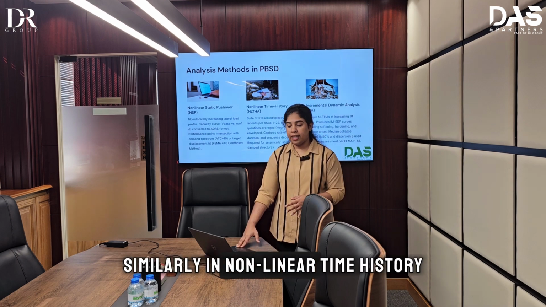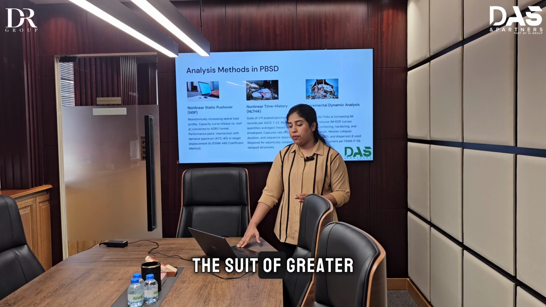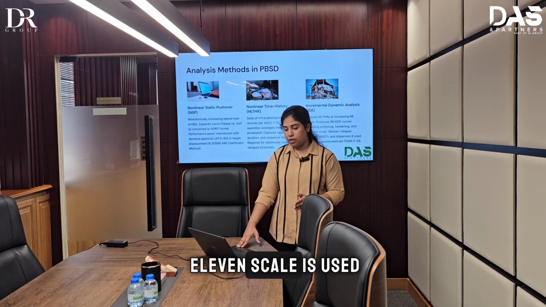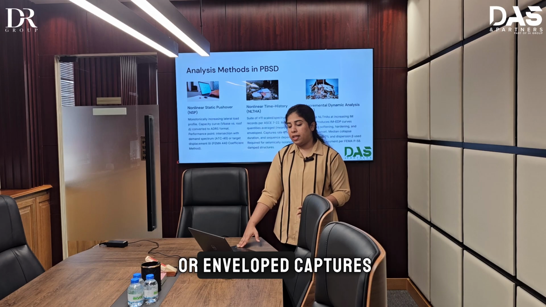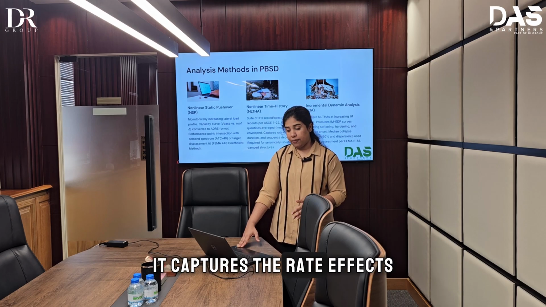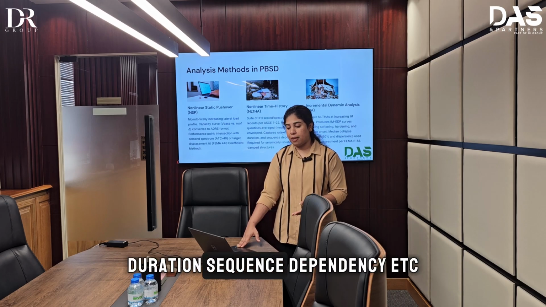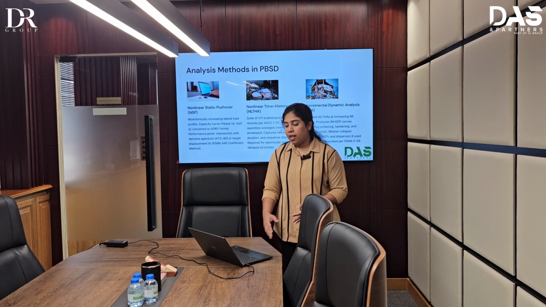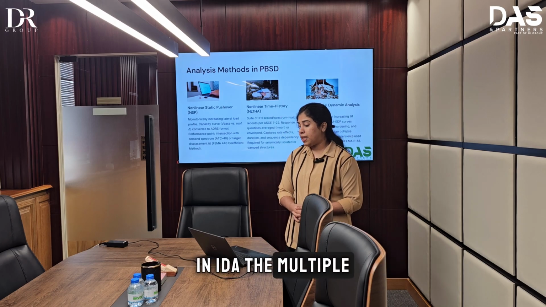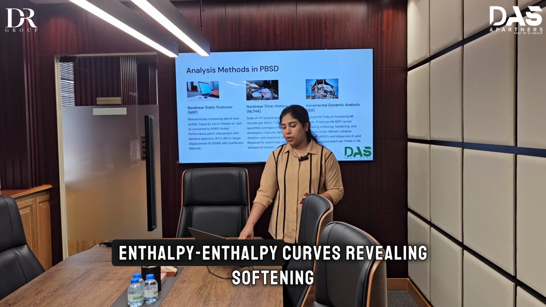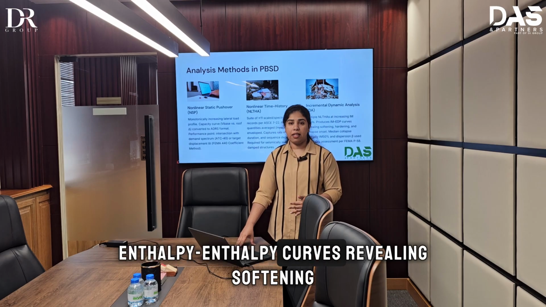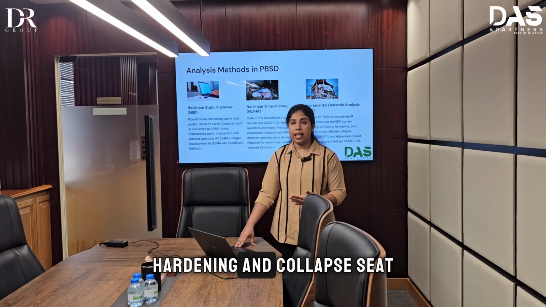Similarly, in nonlinear time history, a suite of greater than or equal to 11 records is used. The response quantities, averaged or enveloped, capture rate effects, duration, sequence dependency, etc. In IDA, multiple NLTHAs at increasing IM levels produce IM-EDP curves revealing softening, hardening and collapse capacity.